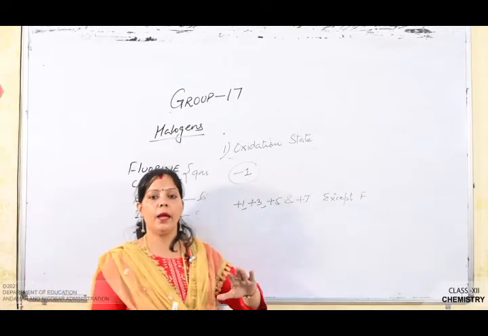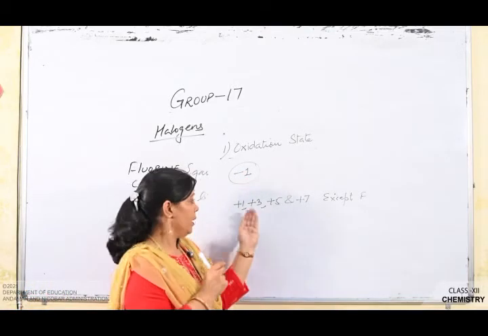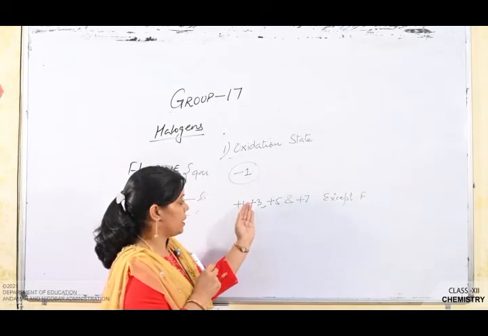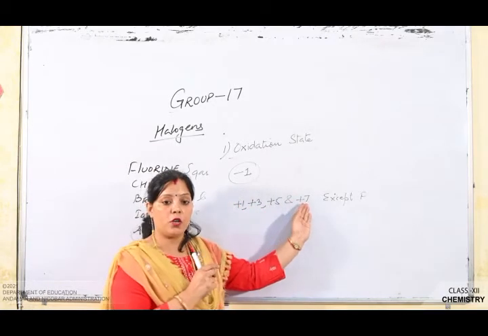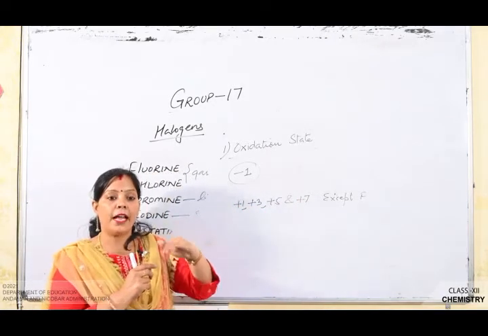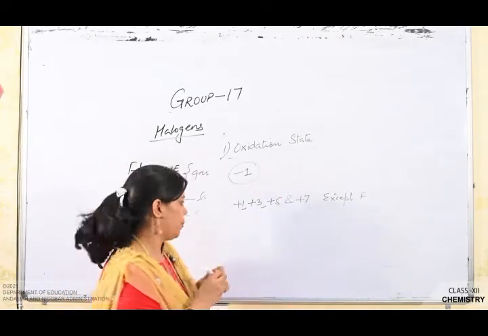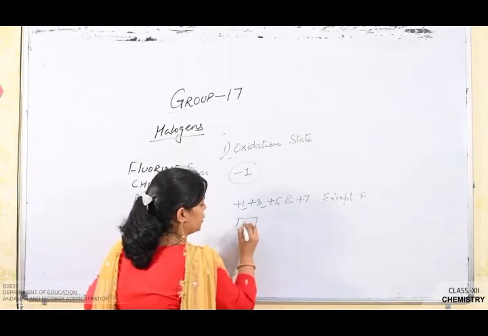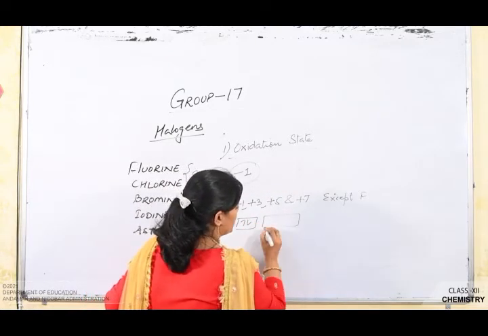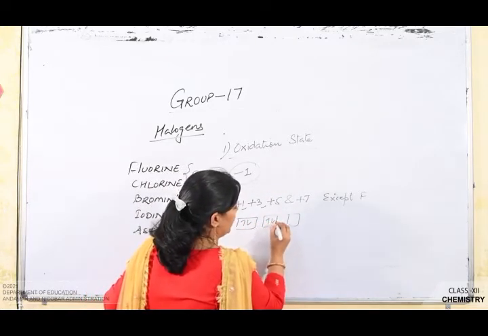So the fluorine atom has no such states, and why do the different elements show the +1, +3, +5 and +7 oxidation states? Because of the gradual promotion of the np electrons to nd orbitals, because the electronic configuration is ns2 np5.